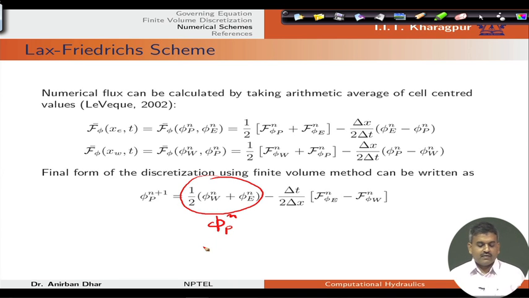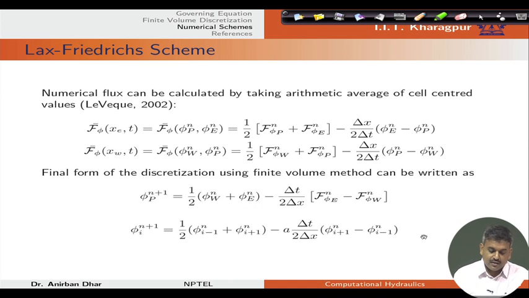In the previous case we have seen that the discretization was with the phi P n value, but in this case we are taking the average of W and E.